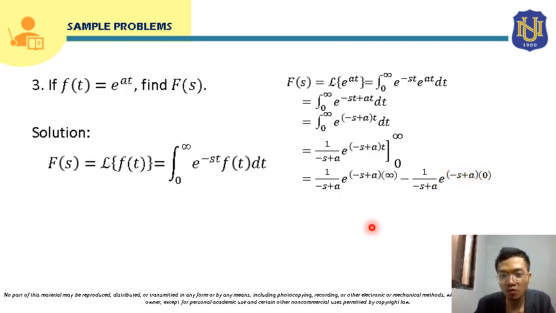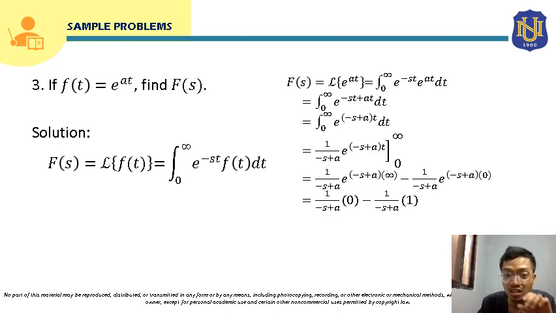Now we can evaluate this. Our assumption here is that s is greater than a. So if s is greater than a, the exponent becomes negative infinity, and e raised to negative infinity is just equal to 0.